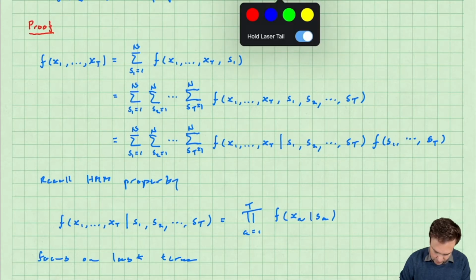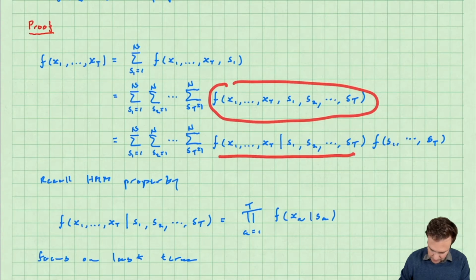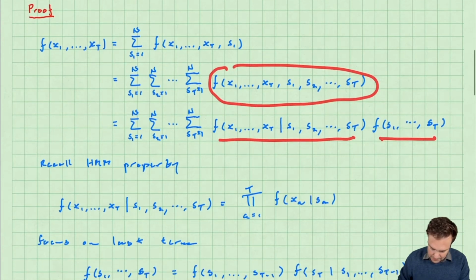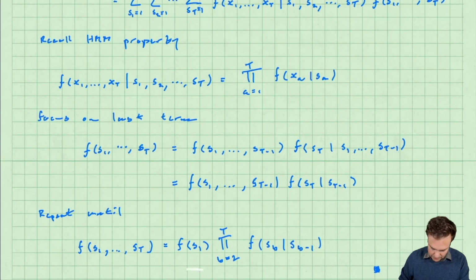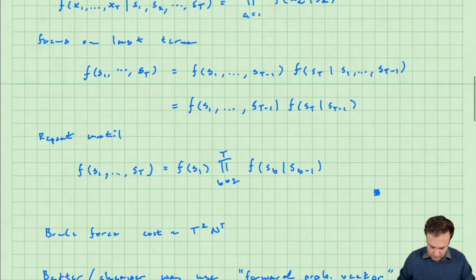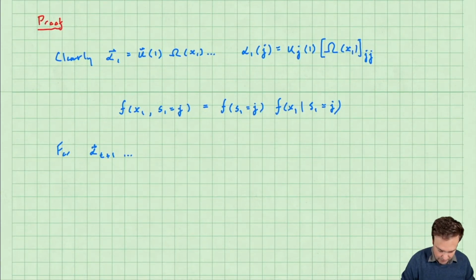So this quantity here is written as the product of these guys, and we had values for those. Here's the value for the conditional probability. It's this product, and the joint probability is this other product here. So we're going to rewrite this down here, just borrowing from that proof. You might need to look back at that.